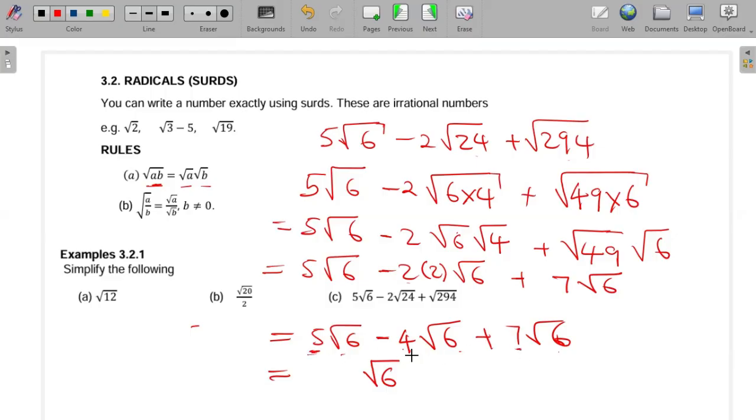So 5 minus 4 plus 7: 5 minus 4 gives me 1, and 1 plus 7 gives me 8. So I have an 8 in front, and like that I have simplified. I don't know if there's any question. Any question before we proceed to the next part?